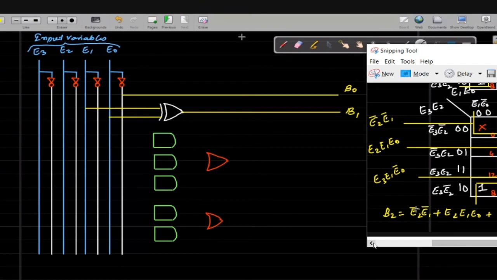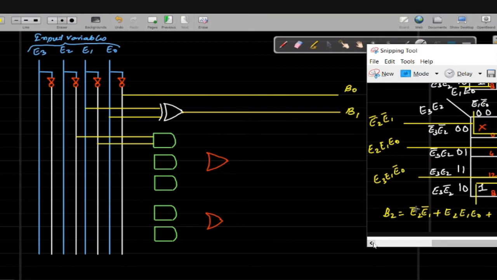Let's do the connections. The first product term corresponds to E2 bar, E1 bar. This is E2 bar, and this is E1 bar.